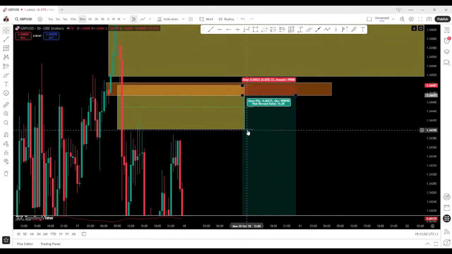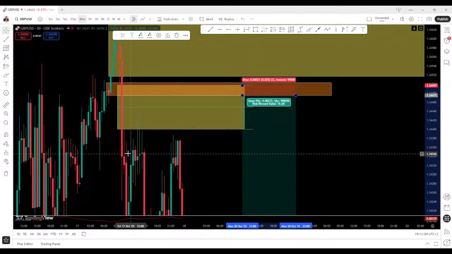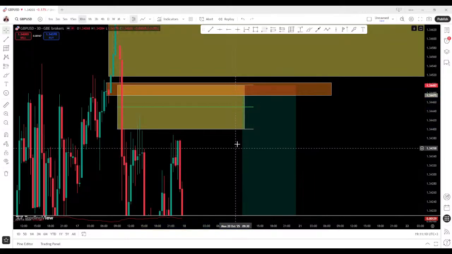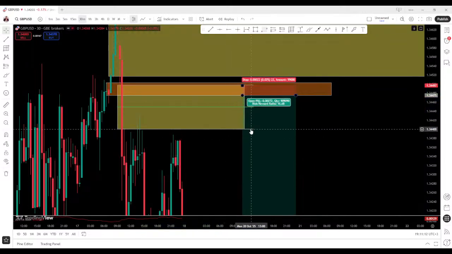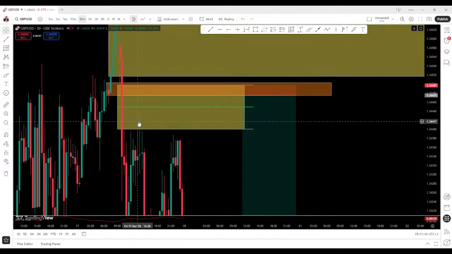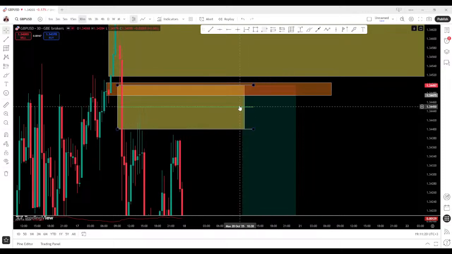This is our gun box here. Let me try to make it a little bit bigger so that you can see it. You can see our gun box here. The base of the FVG has already been taken. So you look for a trade at the 50% of the FVG.